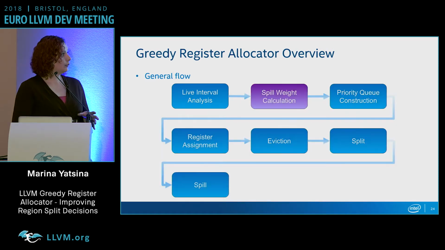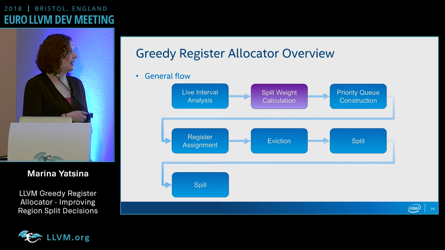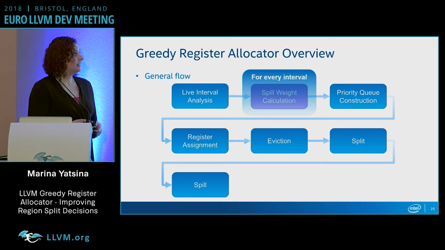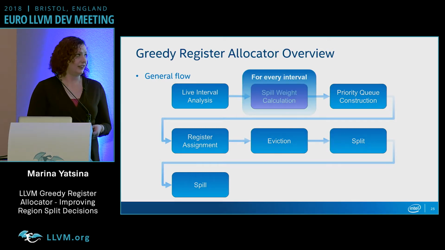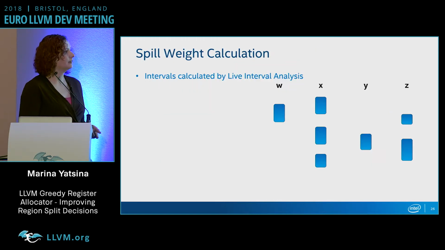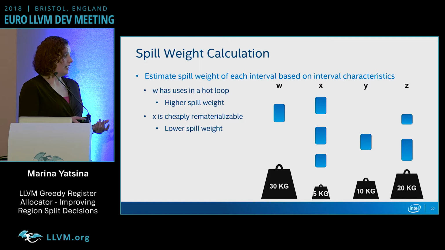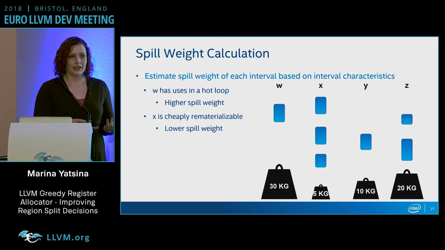Now, the next phases are part of the reg-alloc greedy pass. We're going to start with the spill weight calculation, which is the first thing the reg-alloc greedy does. And this is something that happens for every interval. Now, these are the intervals the live interval analysis calculated. And now what we're going to do is look at the interval characteristics and calculate the spill weight of each interval. Things that can affect the spill weight are, for example, use density.